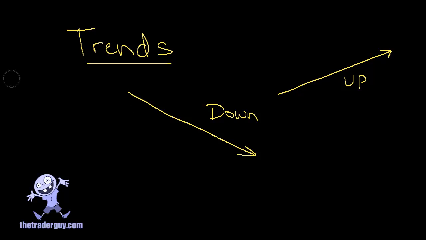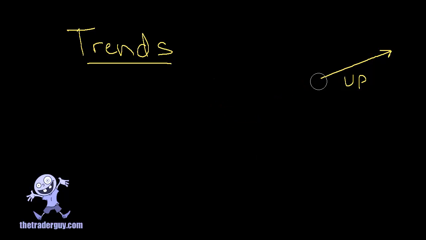Where people get into trouble, I mean, if charts actually looked like this, everybody would be a good trader. The problem is charts tend to look more like this. Go ahead and draw a downtrend here.